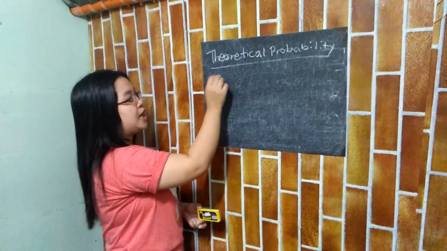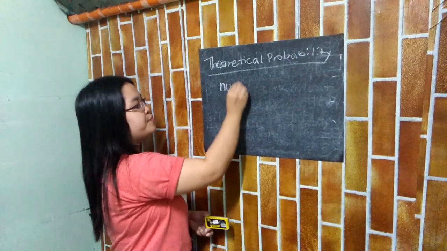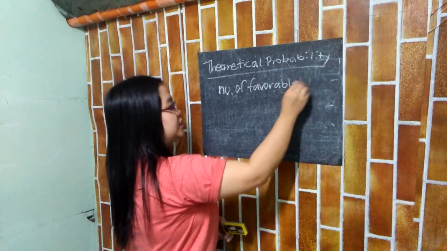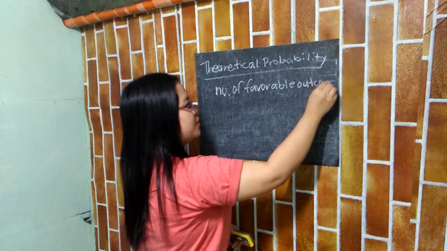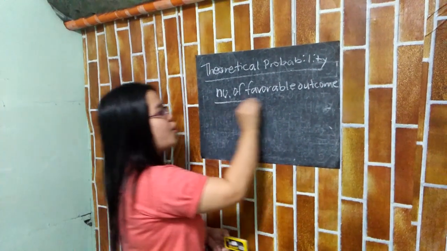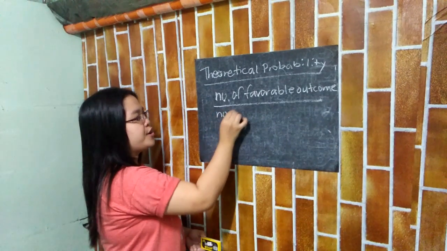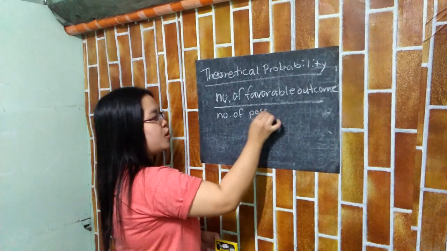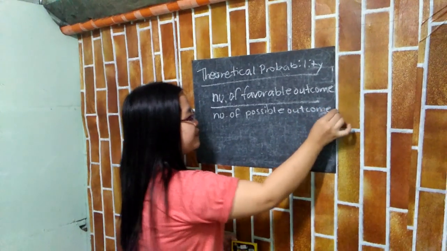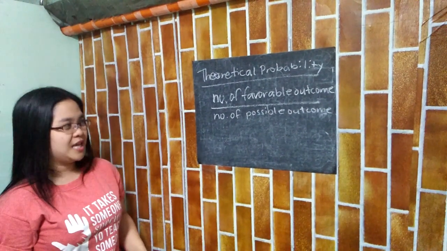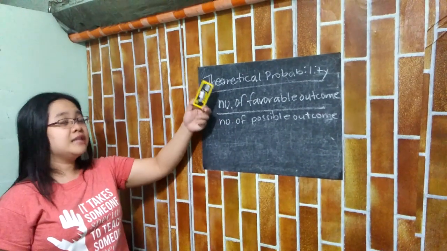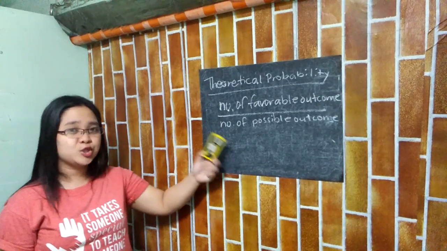We just have to follow the formula: number of favorable outcomes. What is that again? Favorable outcome is the event that you wish to happen, over the number of possible outcomes, which is the total possible events that really happen. Following this formula, we can come up with the theoretical probability in fraction form.